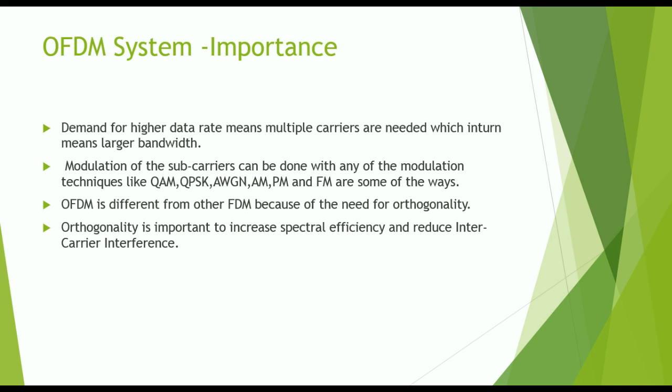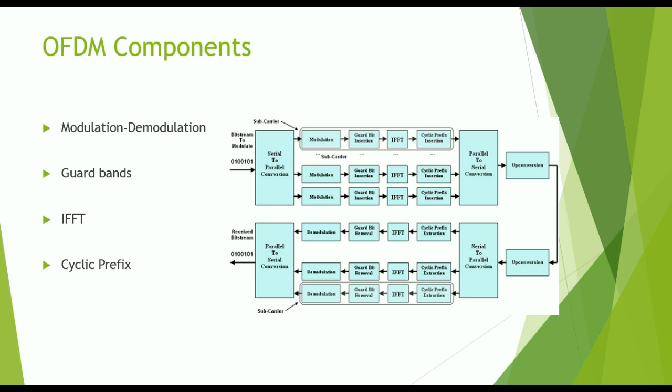The other advantage of the OFDM system is that every subchannel can use any of the modulation techniques like QAM, QPSK, and so on. OFDM is different from other frequency division multiplexing because of the need for orthogonality. It also increases spectral efficiency and reduces intercarrier interference.